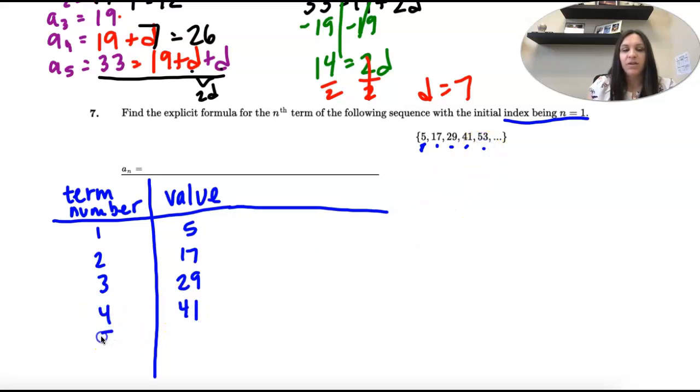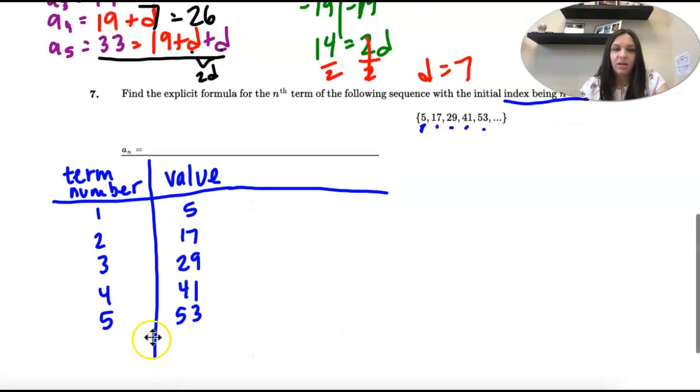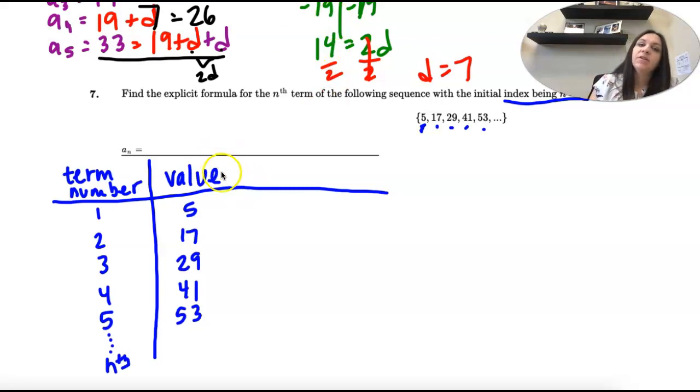The value of the fifth term is 53. And it's asking us for the nth term, which means we're going to have a formula that we're going to use. Okay, so let's just look at what we know about arithmetic series.